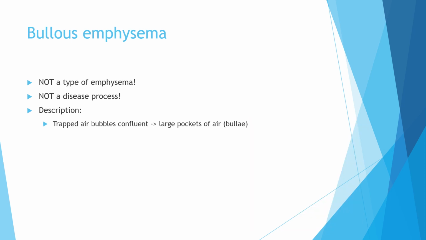Bullous emphysema refers to a disease process. It's basically when the smaller air bubbles that would have accumulated, which are also emphysematous and are a lesion, form large pockets of air, and then we refer to them as bulla.